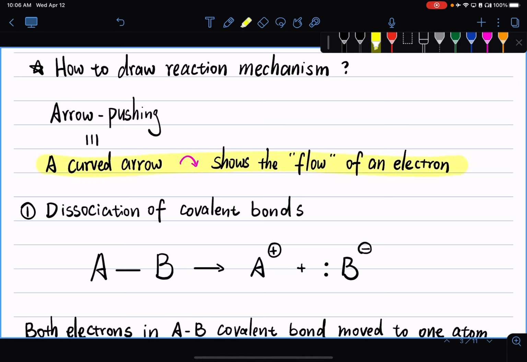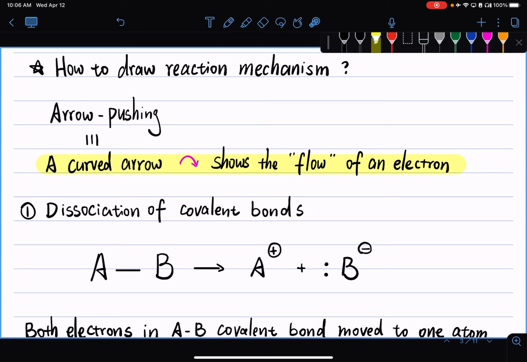When we say arrow pushing mechanism, what we mean is we use this curved arrow, this little purple arrow here, to indicate how we expect the electron flow from a more electron-rich part of the molecule to a more electron-deficient part of the molecule. And in that process, by imagining how electrons are moving within the molecule, you can imagine new bonds forming or old bonds breaking.